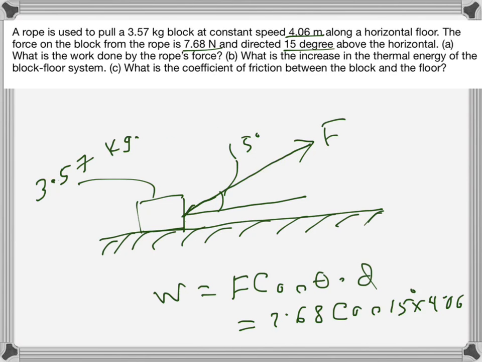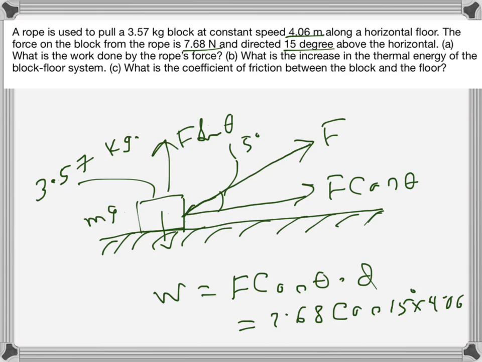And finally, what is the coefficient of friction between the block and the floor? Now this force has a horizontal component, and there is also a vertical component which is F sine theta. The block also has a weight force which is downwards, mg. So the friction force will be equal to the downward force times the frictional coefficient.